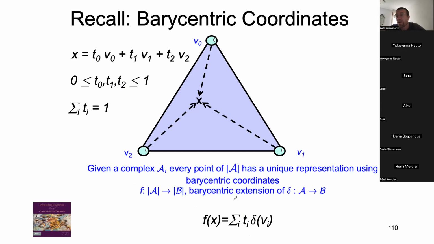The first thing we recall is that if we take a simplex and take its geometric realization, the geometric realization is what we call a convex hull of the vertices embedded in space in an affinely independent way. Affinely independent means that no combination of them can imply the other one.